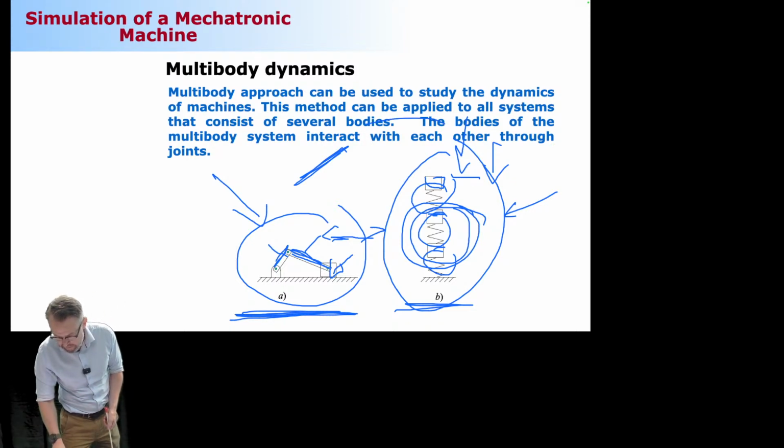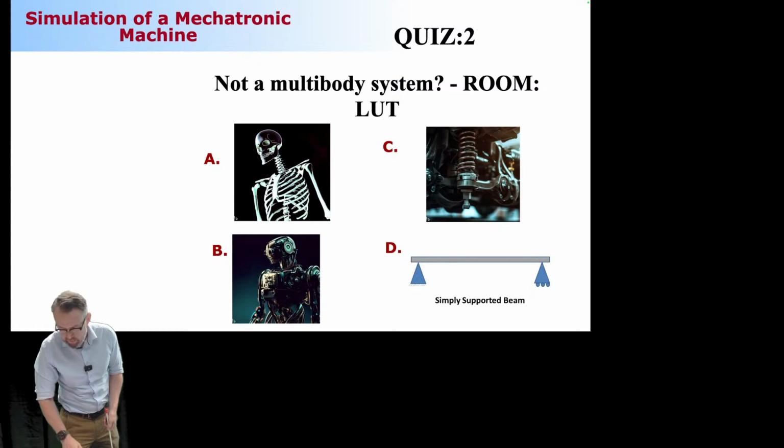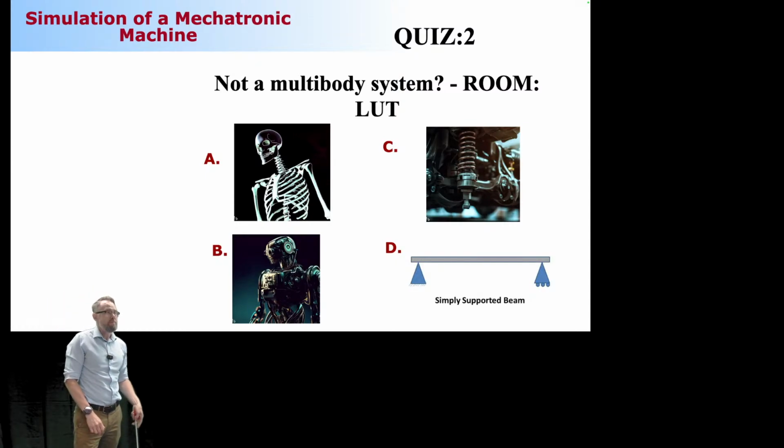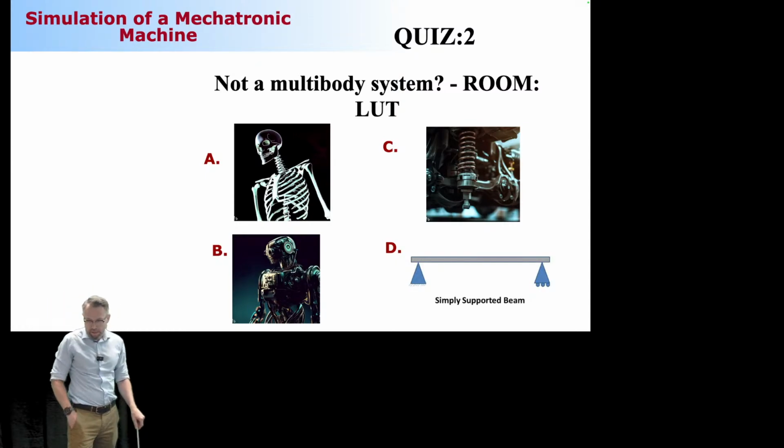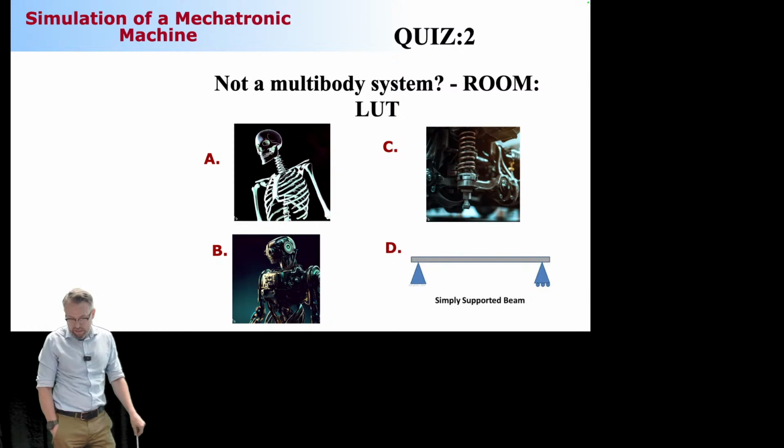I need to click this. Okay. What is not a multi-body system? Let me explain what I have. I made this using ChatGPT, so the version that I used wasn't very good. The first one is a biomechanical system. The second one is a robotic system. This is a front suspension of a car worth a total of 400 euros.